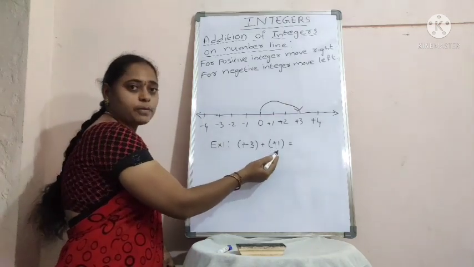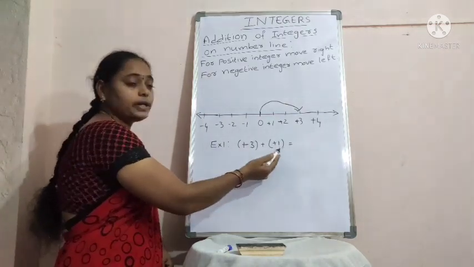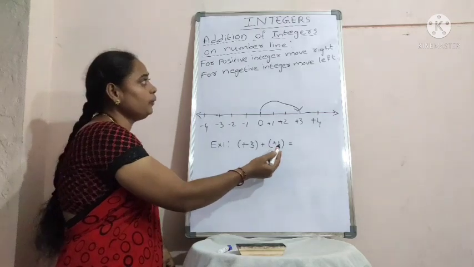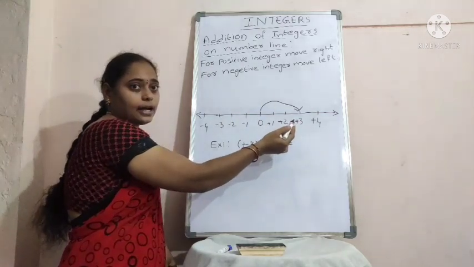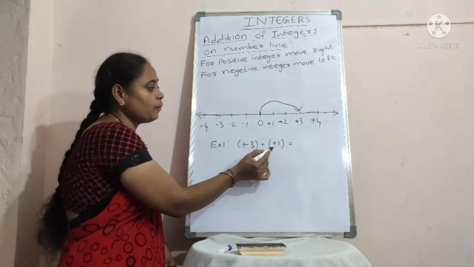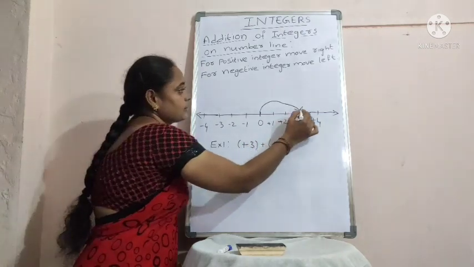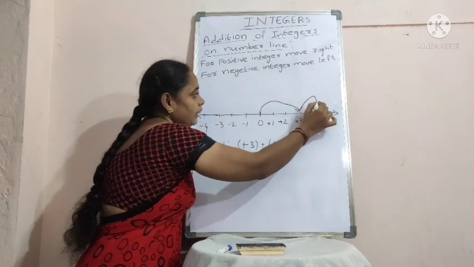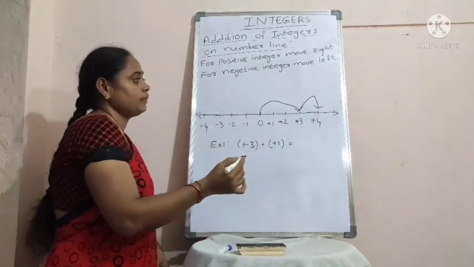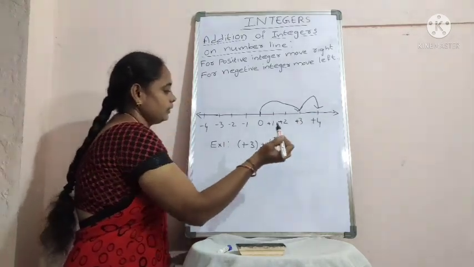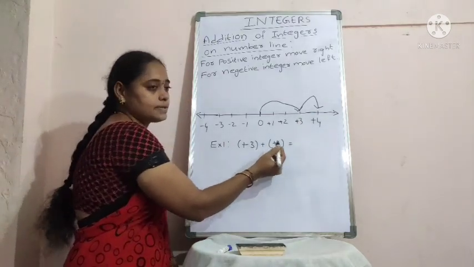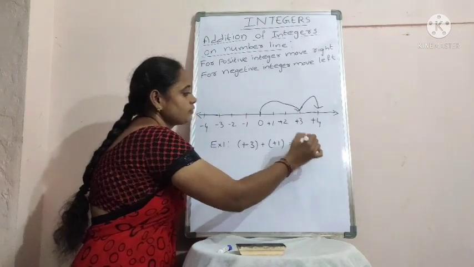Here +1 is positive integer. For positive integer, again we move right side of 3. How many steps we move? 1 step. So we move again 1 step from 3. We get 4. So +3 plus +1 equal to +4.